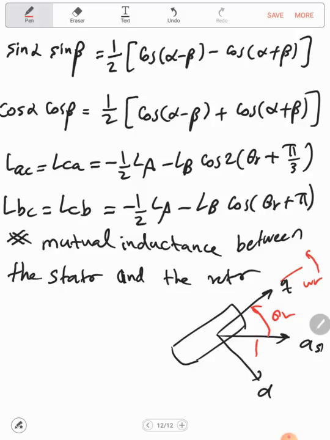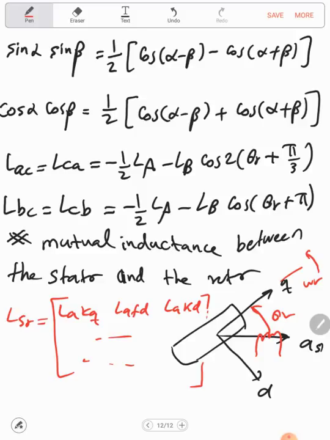Let's assume here we have a coil, which is the AS coil. So now we need to calculate the LSR, which actually is the LAKQ, the LAFD, LAKD, and so on.